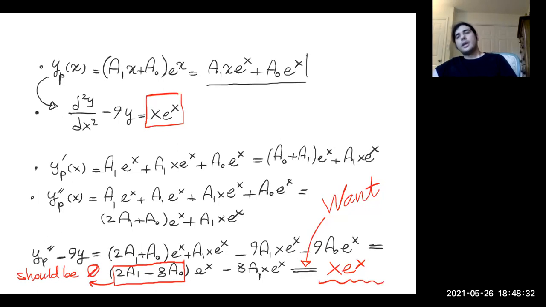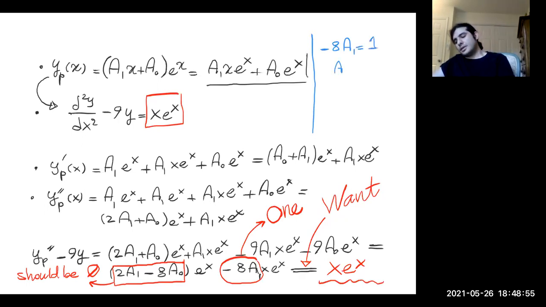On the right-hand side, the coefficient of x e^x is 1. Therefore, what we have here should be equal to 1, right? So it gives us two equations. One of them is -8a1 = 1, which shows us a1 is -1/8.